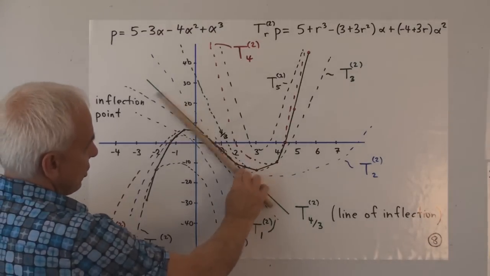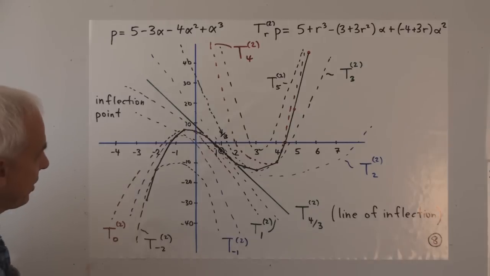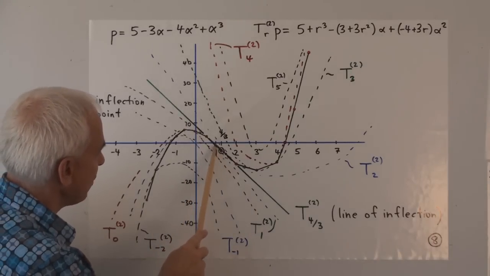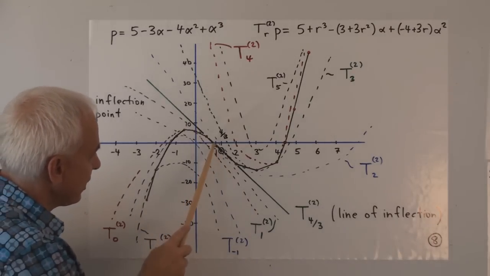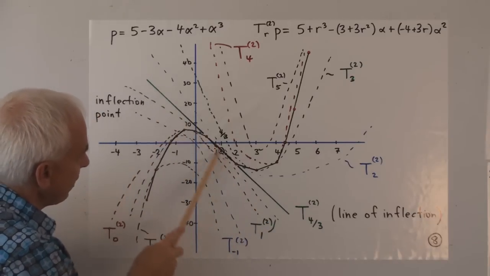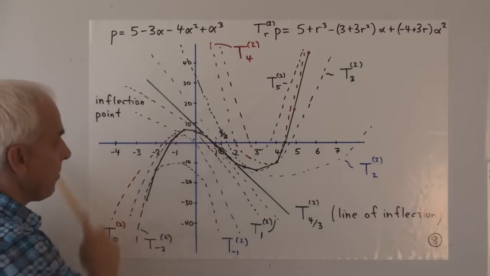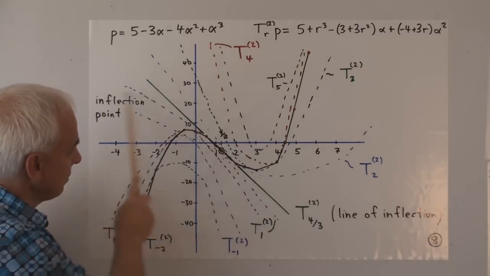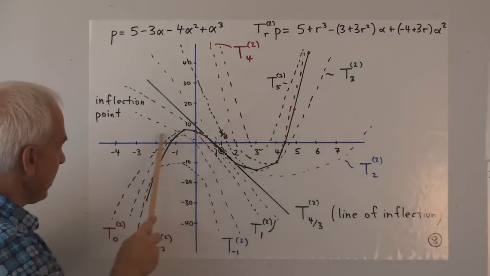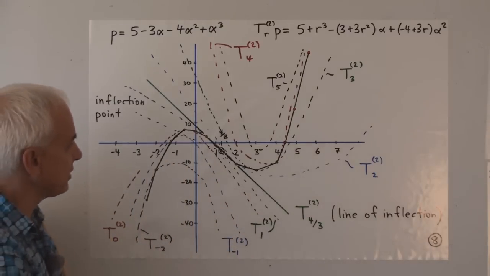On the other side of the line of inflection, say at 1, which is just a little bit to the left of the inflection point, the tangent conic there is pretty close to being a line locally. It looks like that. Of course, it's part of a big parabola. Then at 0, the tangent conic looks like this, a parabola opening downwards.